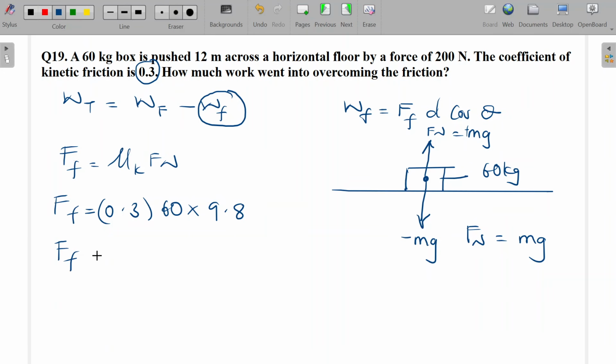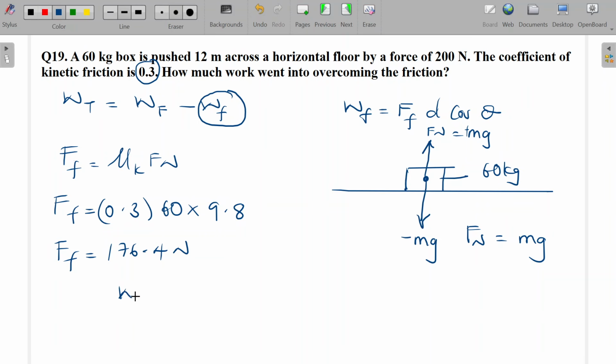Therefore, our friction force will be equal to, when you multiply 0.3 times 60 times 9.8, 176.4 newtons.